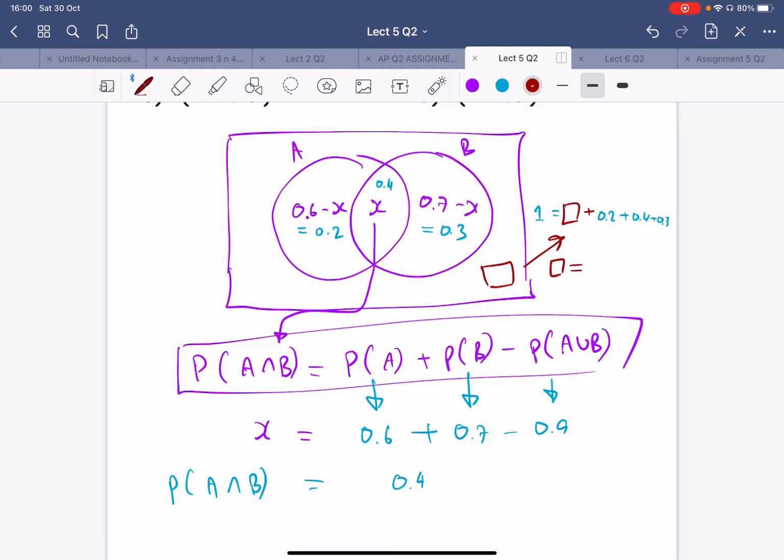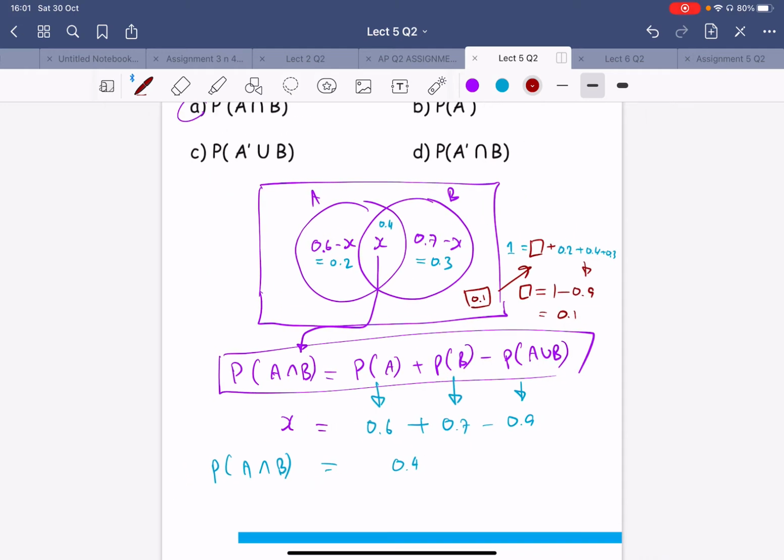So this box will contain 1 minus the addition of all that, which is 0.9. So inside the box you will have 0.1. Everything that is not A union B will be 0.1.